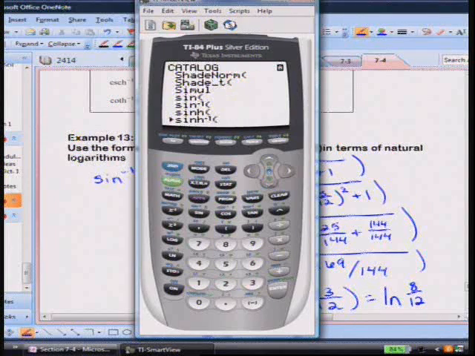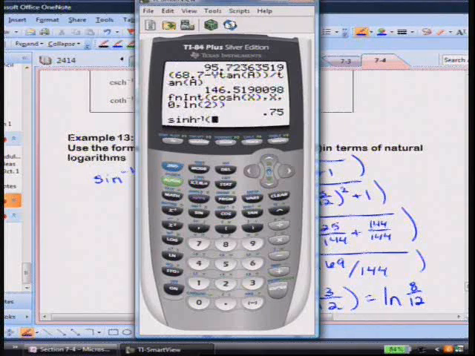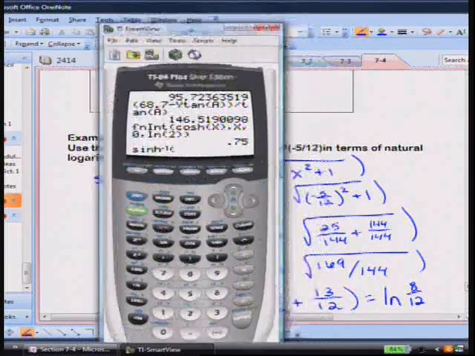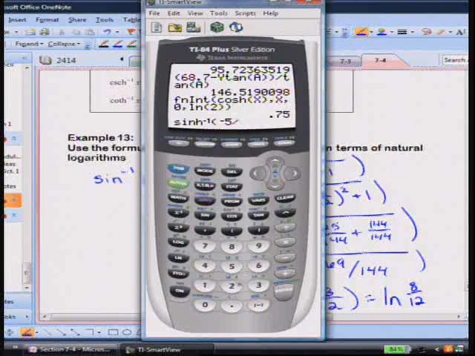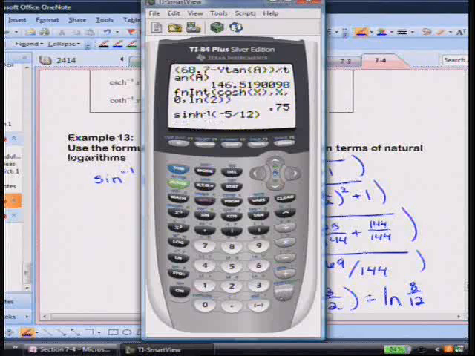All right, I got an inverse hyperbolic sine right there, so I'm going to hit enter. Come on, baby. And then I'm going to do what? Negative 5 divided by 12. Close your parentheses, hit enter.